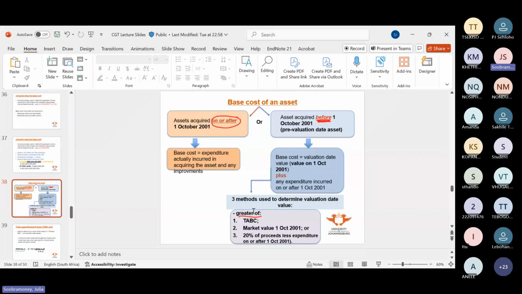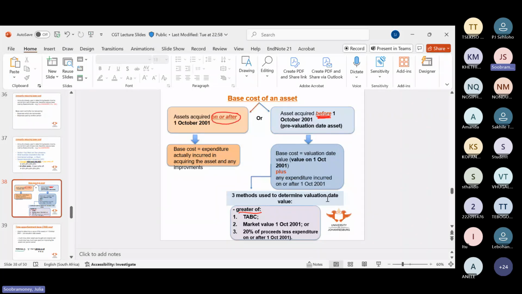You're going to use 3 methods to determine the valuation date value on 1 October: the TABC formula, market value on 1 October 2001, or 20% of proceeds less expenditure on or after 1 October 2001. You're going to write down these amounts and choose the greater amount. That is going to be your valuation date asset value, the value of that asset on 1 October 2001.